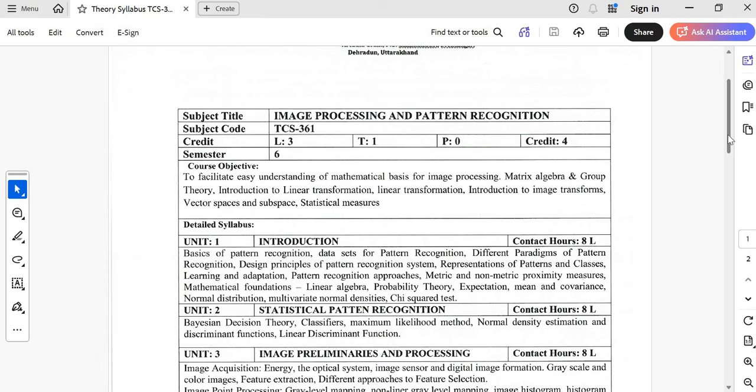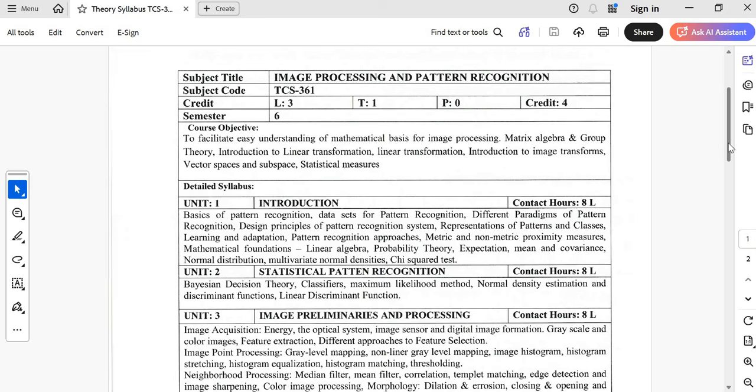So this subject is very important for students interested in AI, artificial intelligence, machine learning, computer vision, deep learning, medical imaging, cybersecurity, at last research work. They are looking for some other research oriented topics and many more.